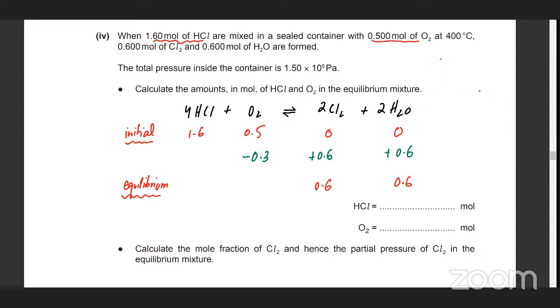That's going to be 1.2. So 0.6 of this and 0.6 of this are getting produced. According to the ratio, 2 is produced by 1, so 0.6 are produced by 0.3. And with 2:4, double the amount, 1.2 must have reacted.